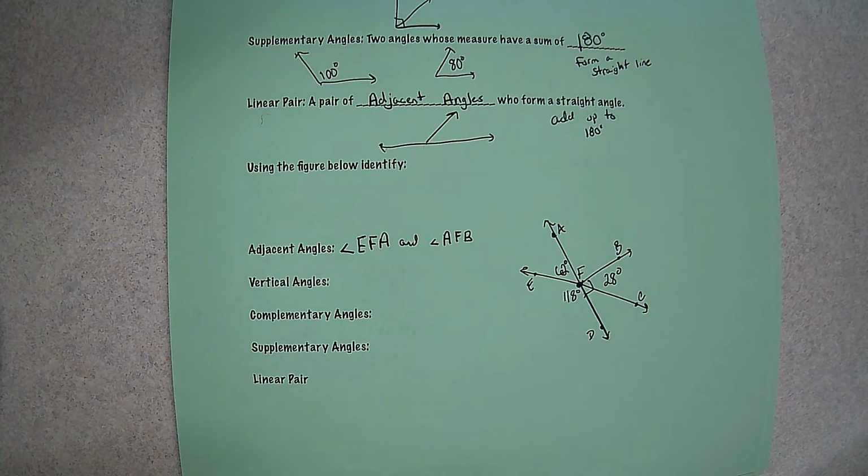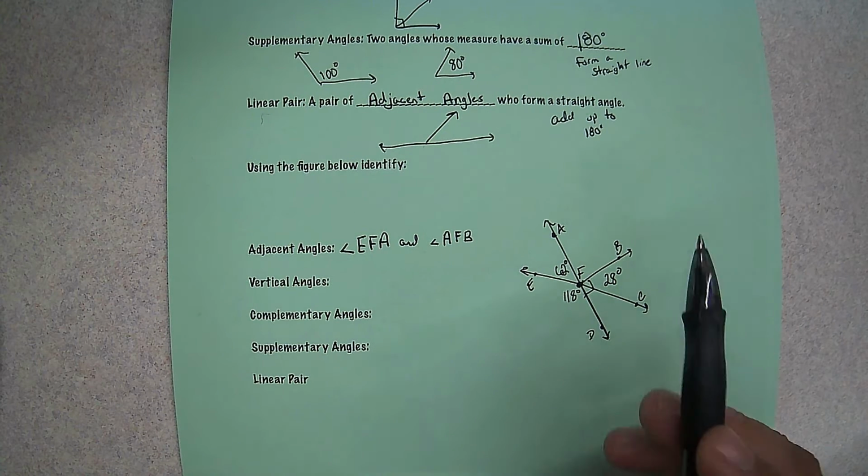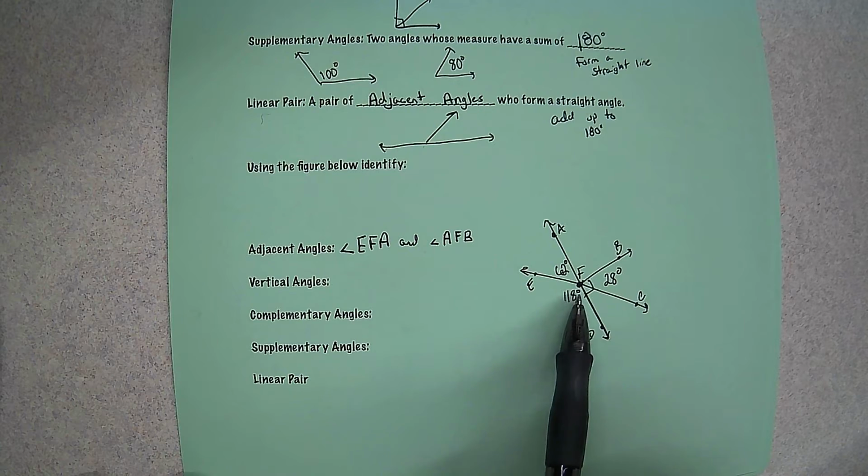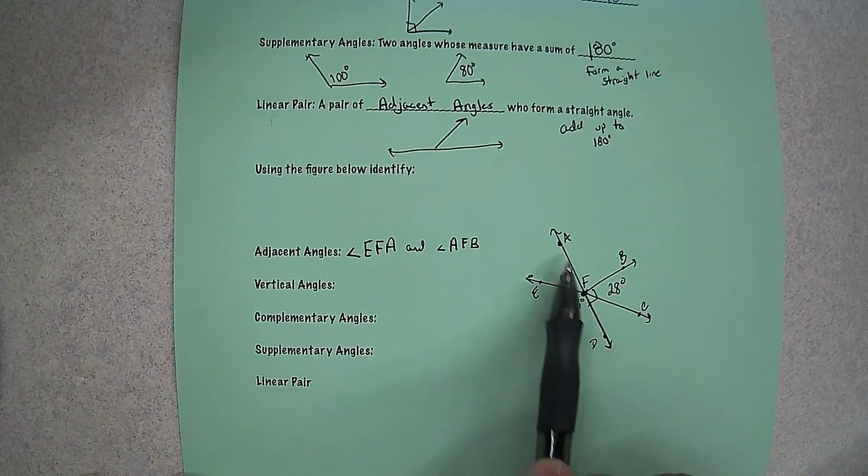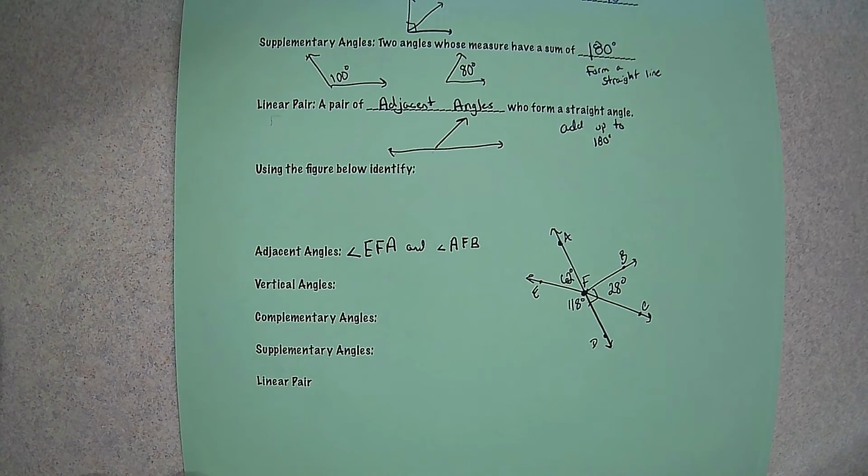Vertical angles are angles that are across from each other, remember? They have to be two intersecting lines essentially.